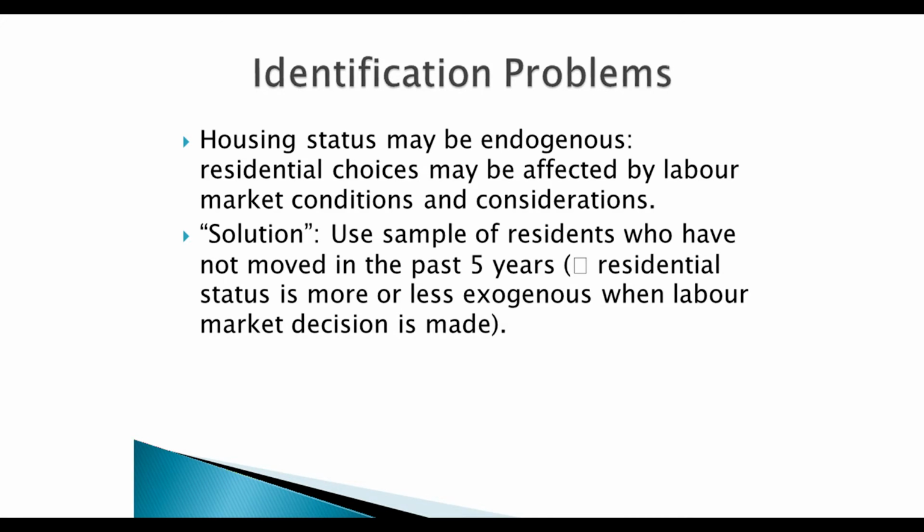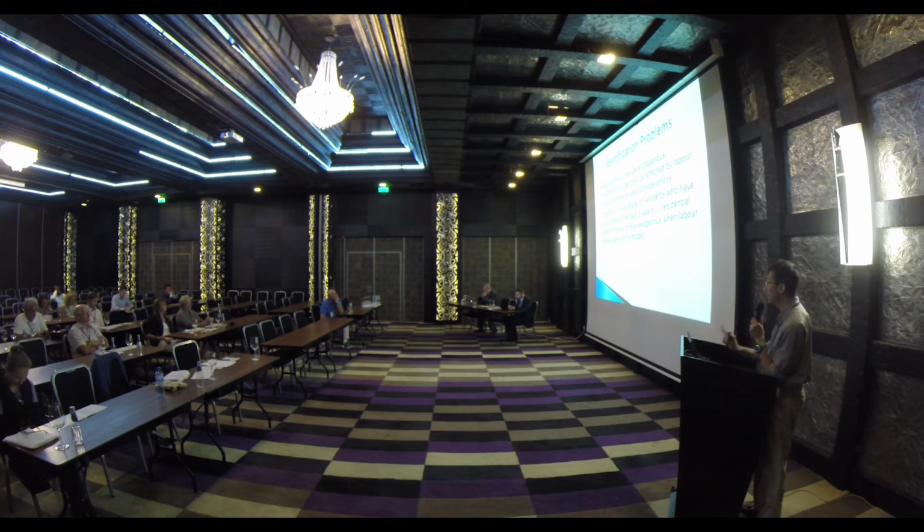It's reasonable to think that housing status may be endogenous at the time of survey, but if a person has not moved, if they already entered the public housing system 5 years or more before the census, then it is reasonable to assume that their housing status at that point is quite exogenous. So for this group of persons, we can maintain the exogeneity of housing status.